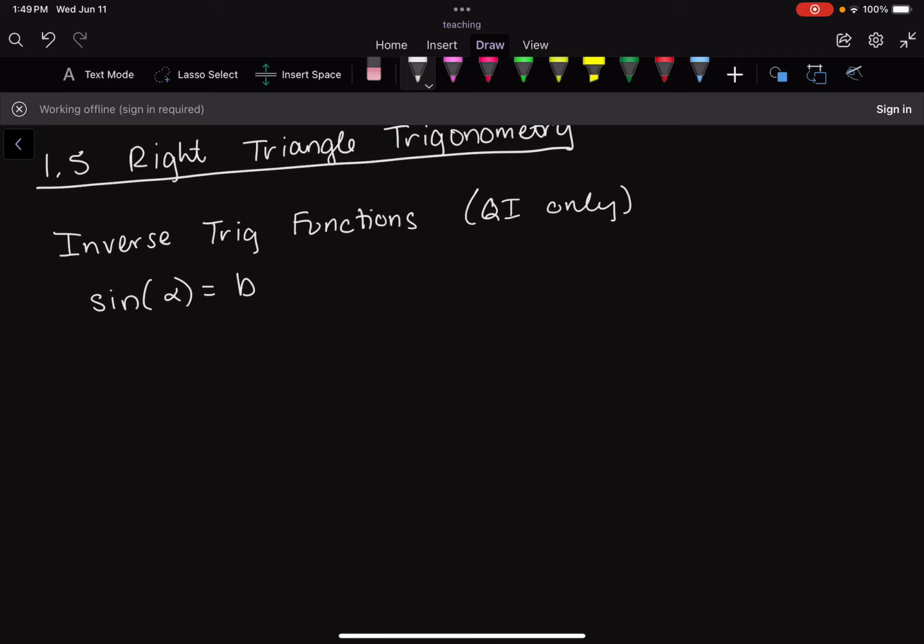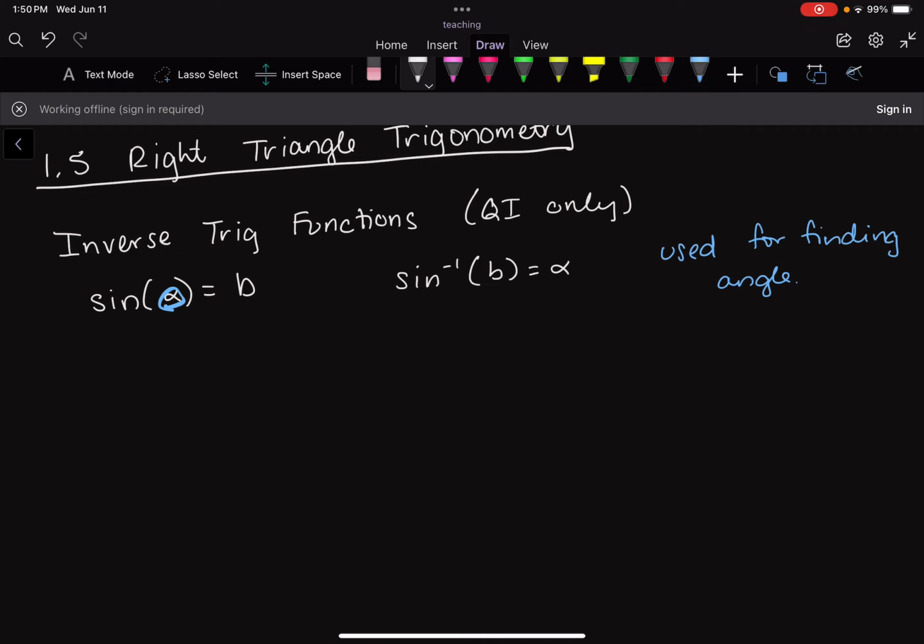If we want to use inverse trig, sine inverse of b would equal alpha. So sometimes we need to find alpha. So this is used for finding an angle. If you know what sine of an angle is equal to, so you know b, you can do sine inverse of b to get the angle.